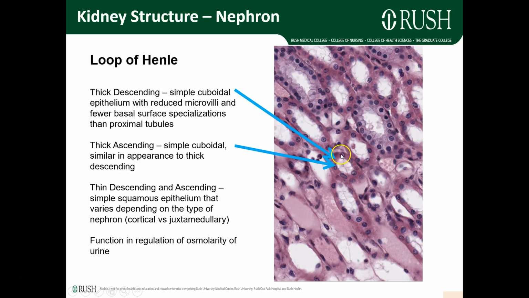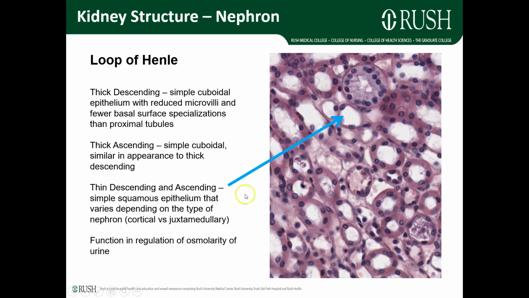In this picture here, you can see the thick portion. We don't really know whether it's descending or ascending in this particular section, but they are the thick portions here, quite easily identifiable.